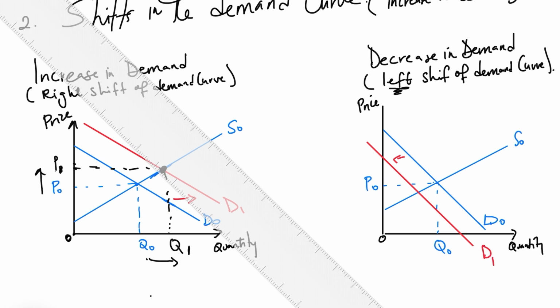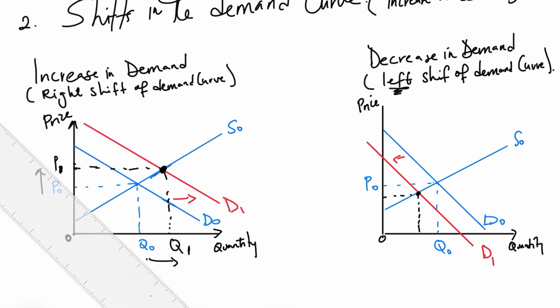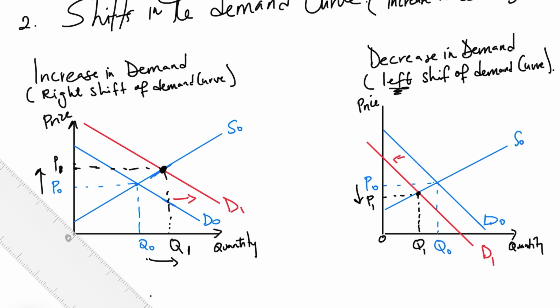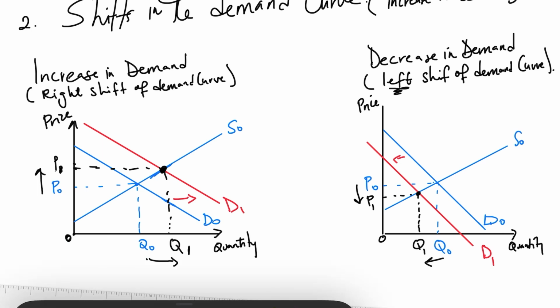So that's D1, and the intersection of our D1, the new demand curve, and our initial supply curve, that intersection is right here where we have Q1 and P1. You can see that there is a decrease in the equilibrium price and a decrease in the equilibrium quantity. So just take a look at this for a minute.